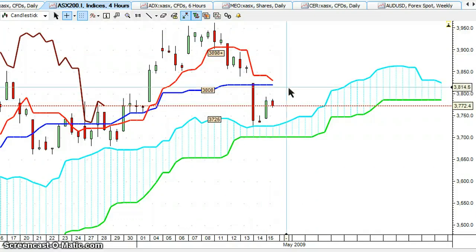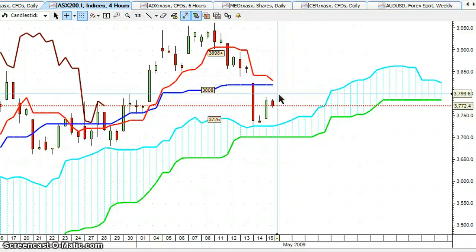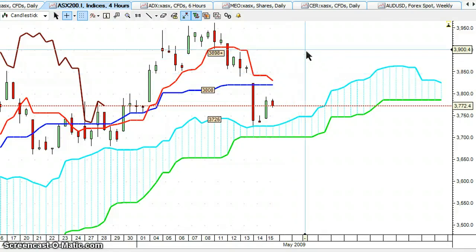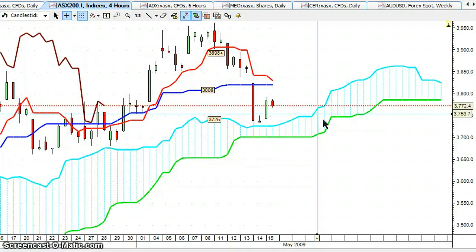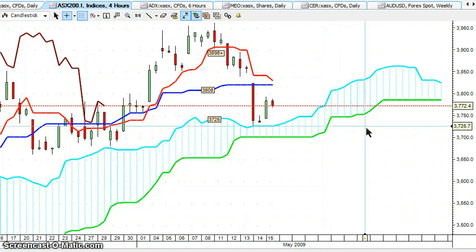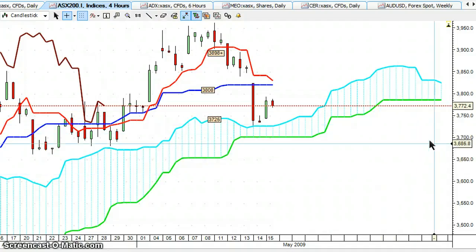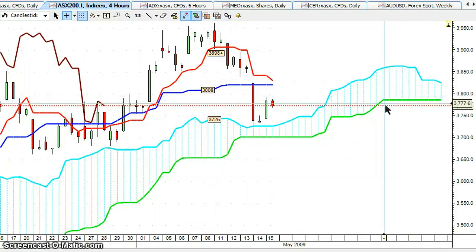So the challenge, the main number is around that 38.20, would be the signal for whether we are going to be going back into a rally or whether we are going to drop back down to this cloud, and then it's a question of whether we break out of the cloud and go down into this region here. This flat green line in the future is a strong point of support and resistance.